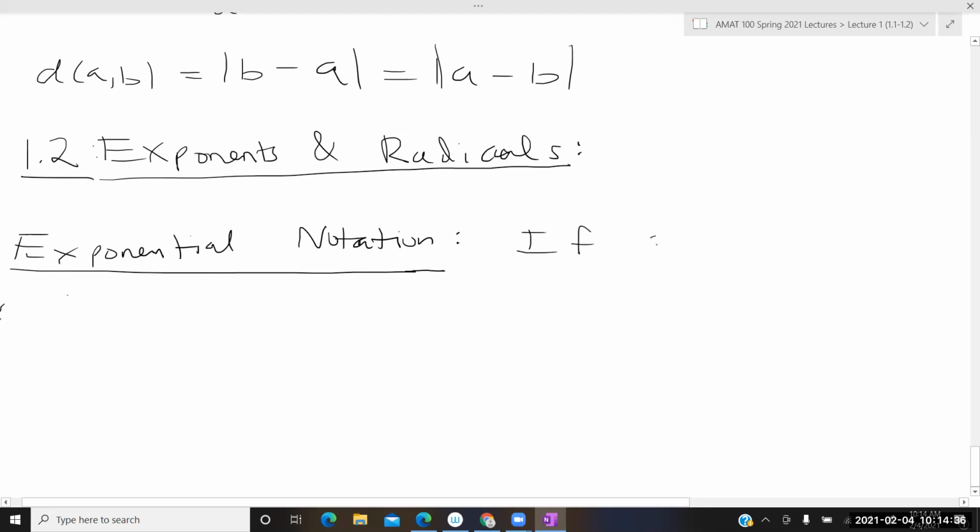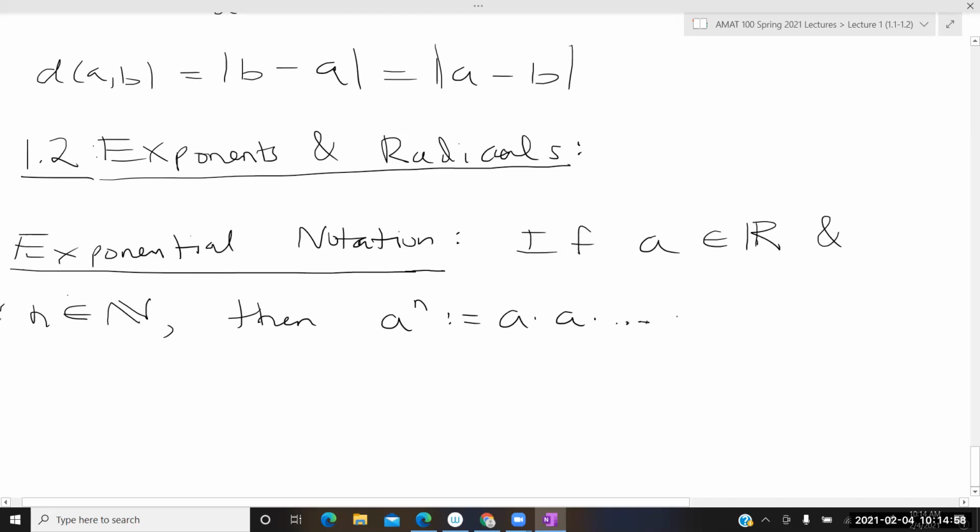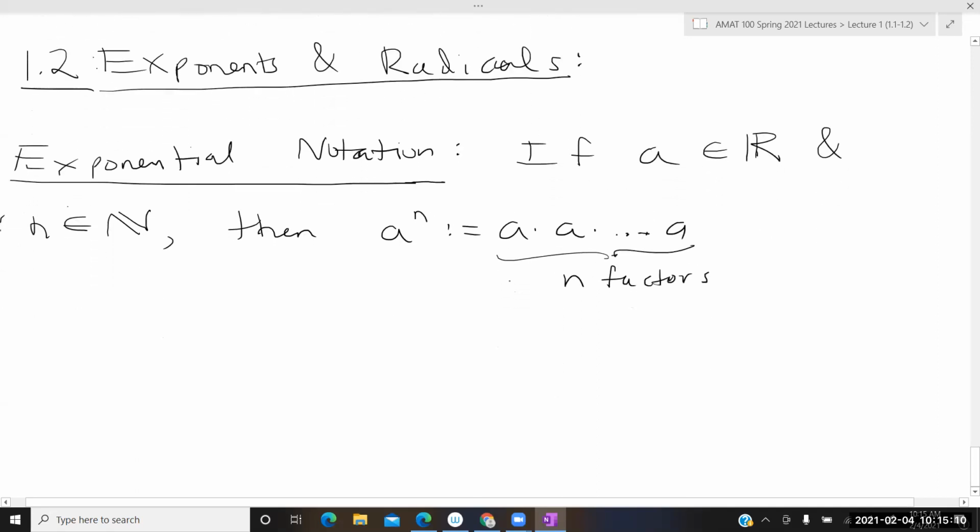So if a is a real number and n is a positive integer, so it's a natural number, in other words, then we define a to the n to be equal to a times a times a, and this is n, you have n factors of a. You're multiplying a by itself n times. So this is the meaning of this notation.